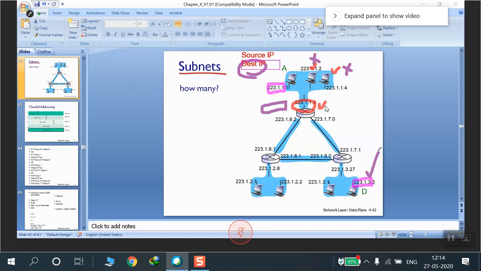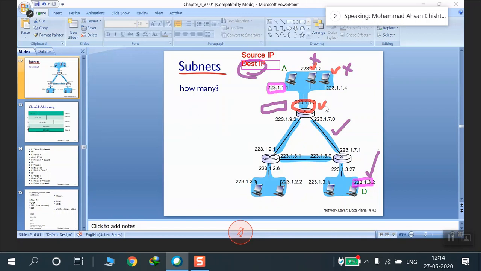Now the router, by its property of having a routing table, would have defined a path for this packet to route from A to D. It would check that the best way for this packet to reach D, let's say, is this path.